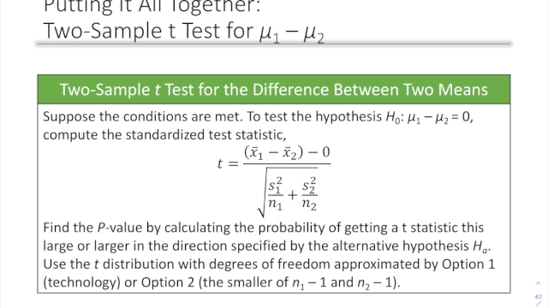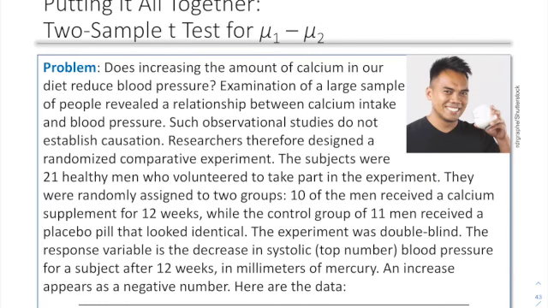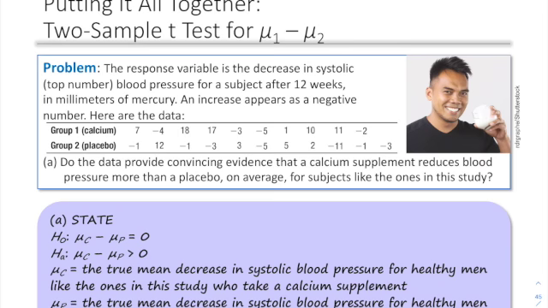This is just some summary of everything that we've just talked about with hypothesis testing. In this example, though, you actually are given the data set and not the statistics. So here you would actually have to calculate the mean and the standard deviation of each group in order to fill in the information for the hypothesis test. You'd set up your hypotheses, define your parameters, and list your significance level just like normal.